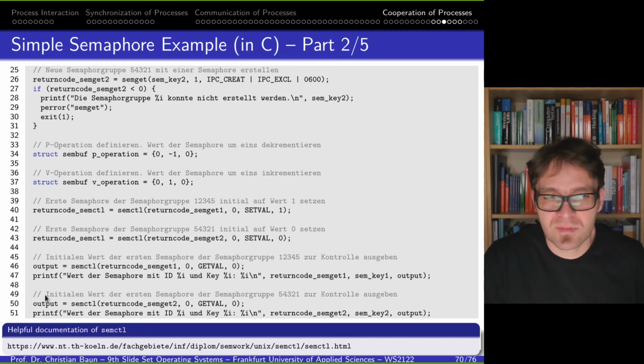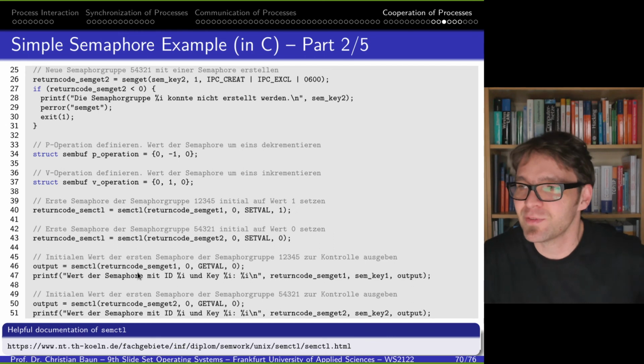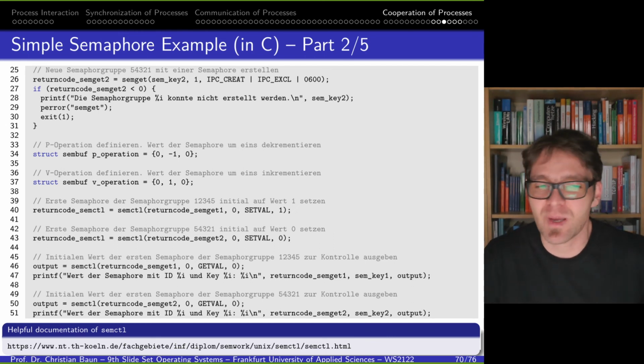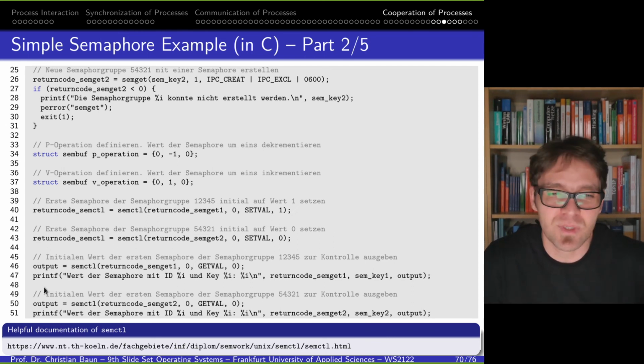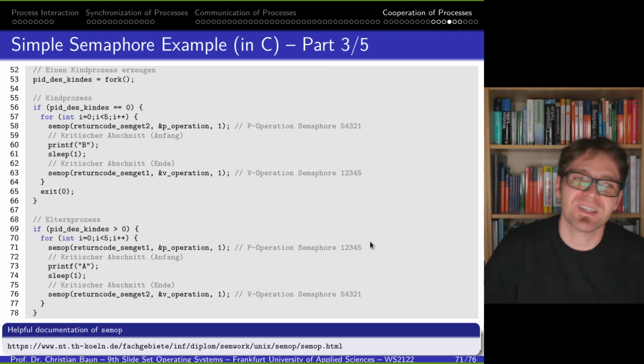In lines 46 and 50 we fetch these values just to demonstrate to you how this can be done. And in lines 47 and 51 we print out these initial values just for show purposes and debugging purposes.